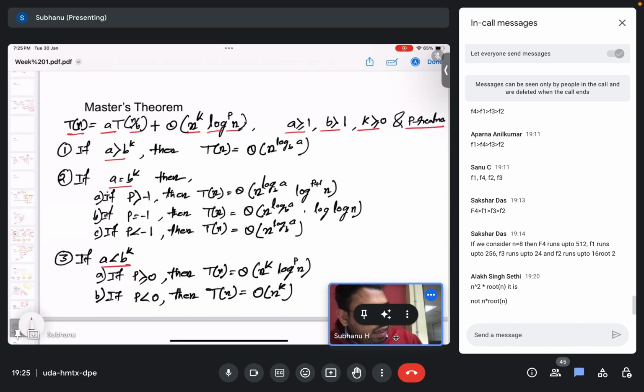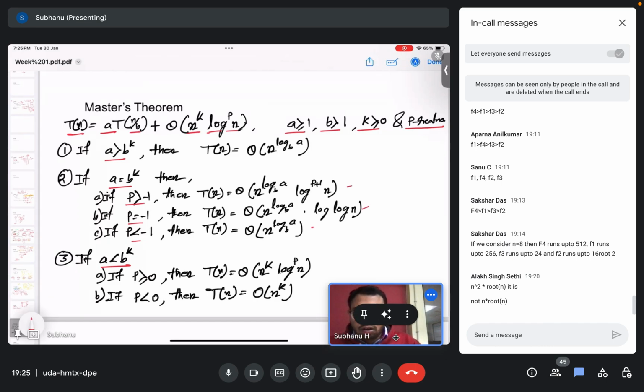For the first case, if a greater than b to the power k, then the time complexity will be T of n equal to theta of n to the power log a base b. For the second case, if a is equal to b to the power k, then we have to check the value of p again: p greater than minus 1, p equal to minus 1, or p less than minus 1. For these three individual cases we will get three time complexities.